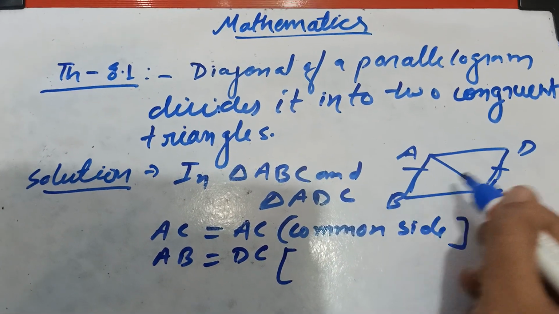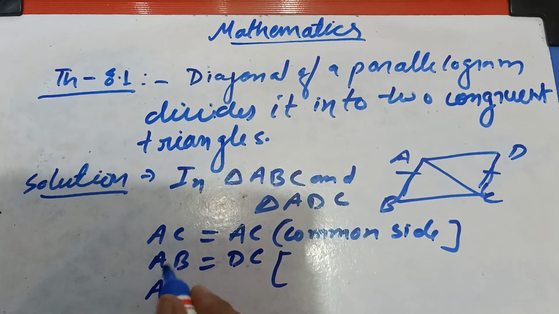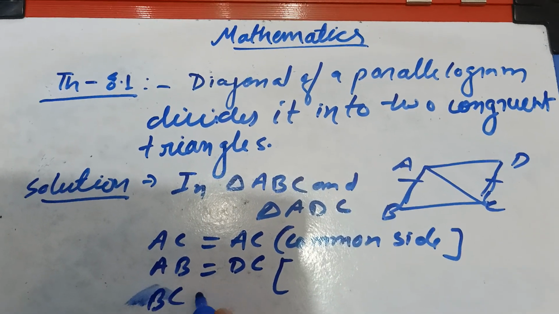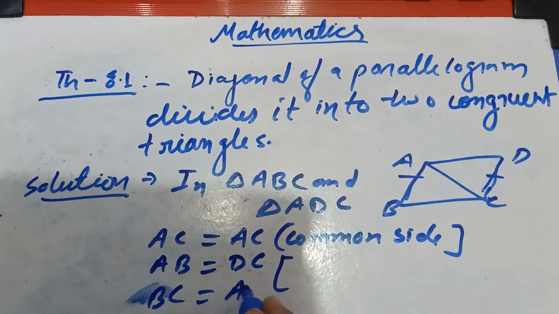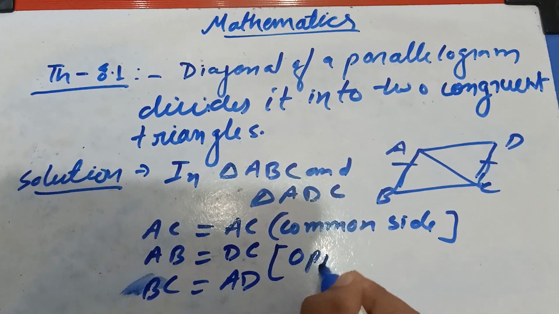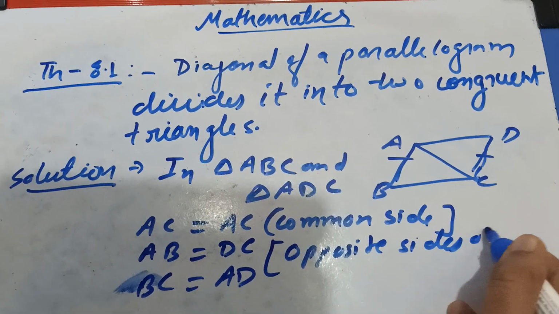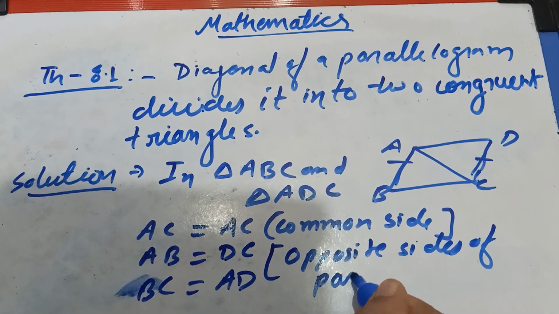So AB is equal to DC, and we write one more: BC is equal to AD. We will write here, opposite sides of a parallelogram.